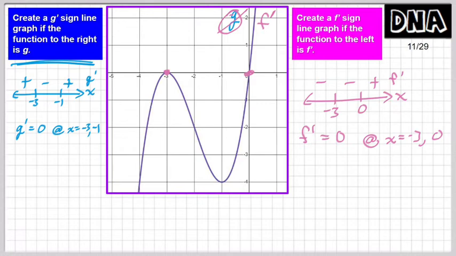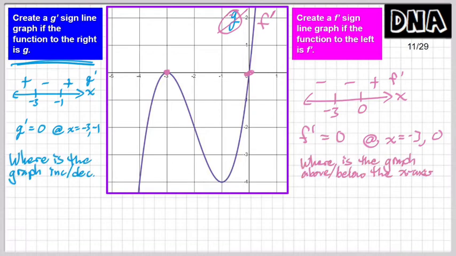Tell your neighbors, go. The other prompt, you wouldn't be asking yourself that question. You would instead be asking, where is this graph increasing or decreasing? Which prompt are you asking that? Is it the blue one or the pink one? Tell your neighbors.